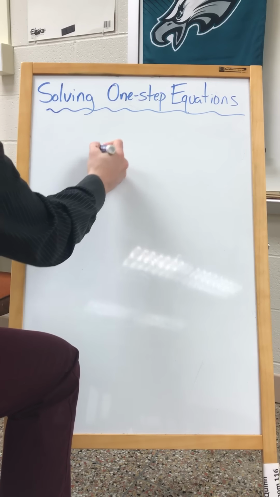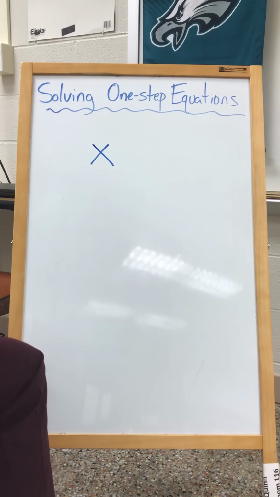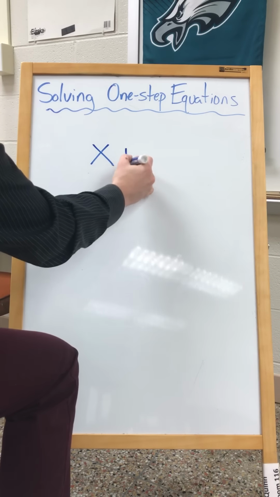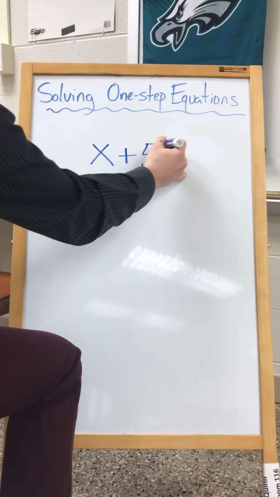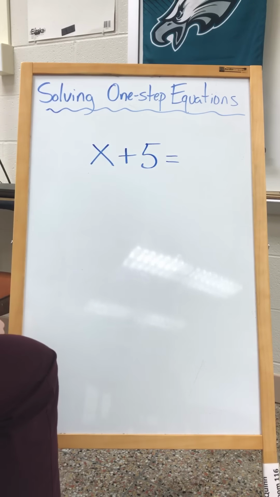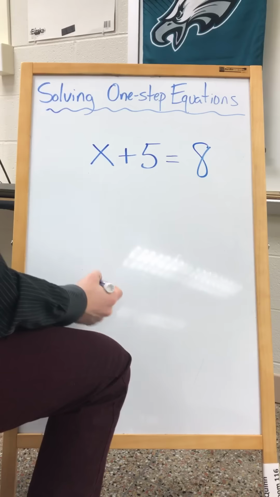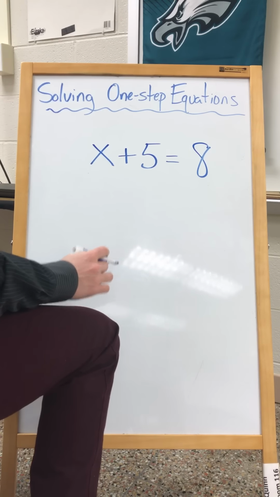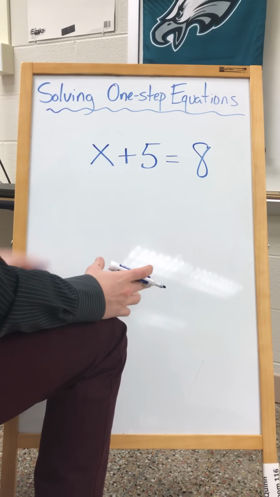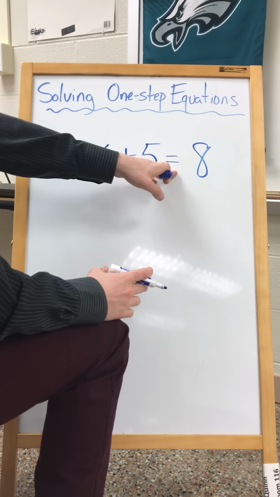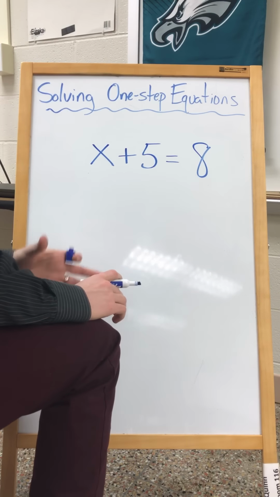So I know that he has X apples, and I heard the word adding 5. And then it also says in the problem that he will have a total of 8 apples. When I hear that word total, I know that I'm talking about what is on the other side of my equal sign.